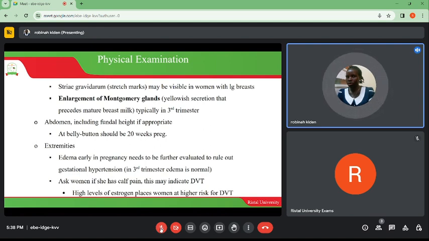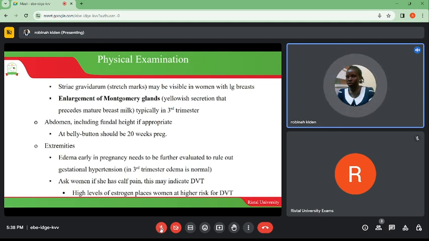For women who have large breasts, in most cases, the stretch marks can be visible around the breast area, because by this time the breasts have started enlarging. Then enlargement of Montgomery glands.